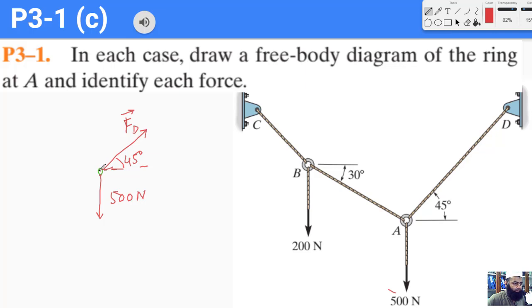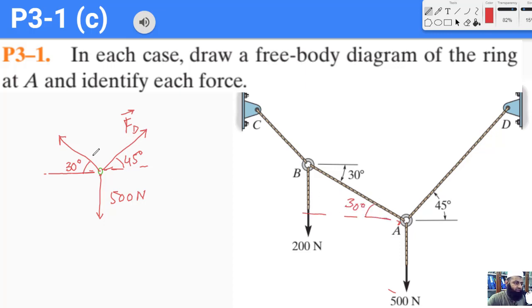Okay, this third force is in this direction. Again, because I'm using a stylus, my lines are not as straight as they should be, but I hope you understand that this force is a straight line. Okay, and this angle is again 30 degrees because this angle is going to be equal to this angle.